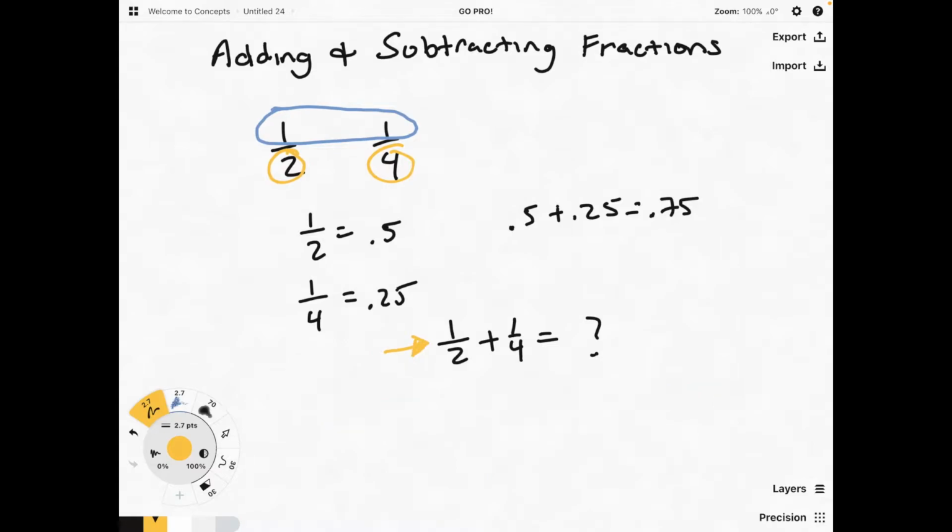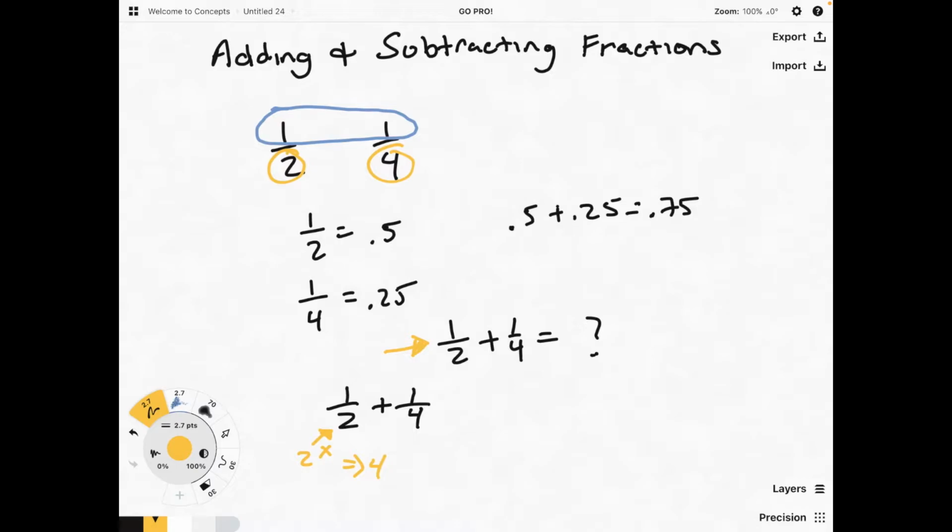If we go back to our example of 1 divided by 2 plus 1 divided by 4, we ask ourselves, how can I make the denominators the same? In this case, we see that if we multiply this value here by 2, then that's going to give us 4.